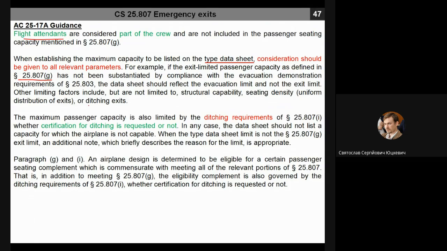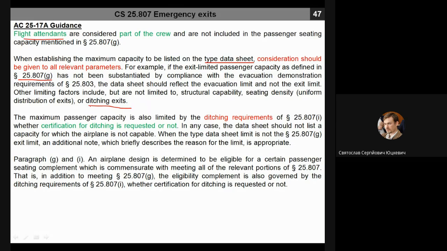And the next one is the ditching exit. What is the problem of the ditching exit? Ditching means a landing of a plane on the water, and some of the exits, due to the center of gravity position, could be under the waterline. So you couldn't open them, you couldn't use them.